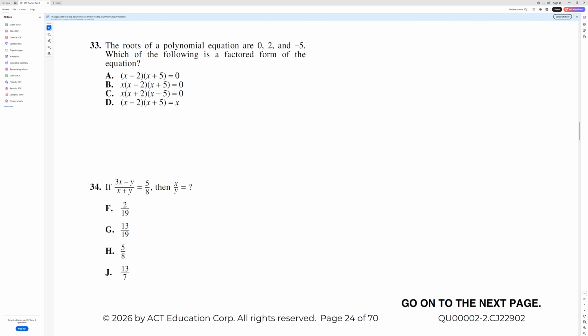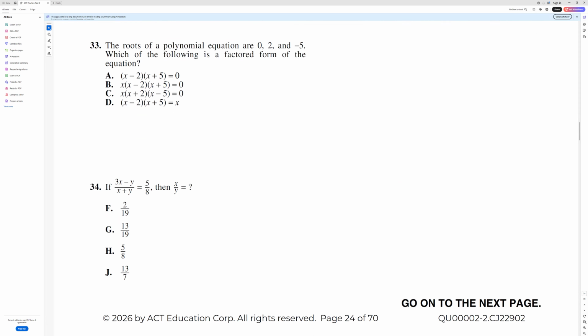Okay. So the roots of a polynomial are 0, 2, and negative 5. Once again, this is not going to be complicated at all, because that means that one of the factors was x. So let's do x. And when you have 2, remember that is x equals 2, and this is x equals 0.